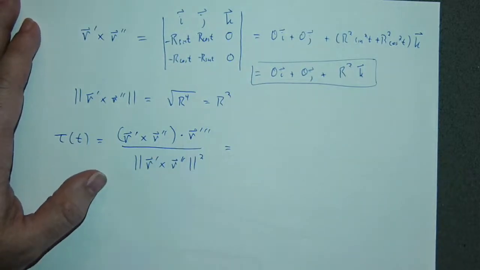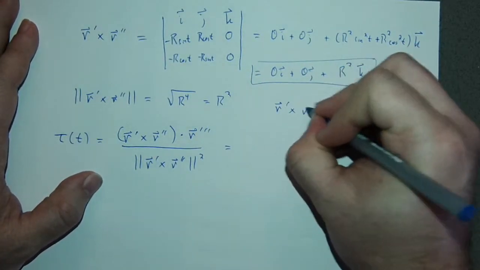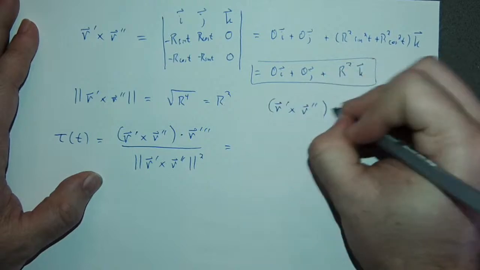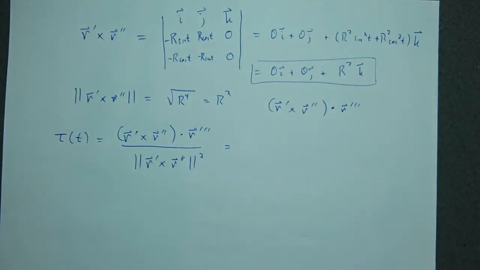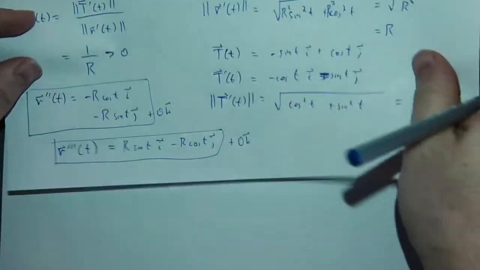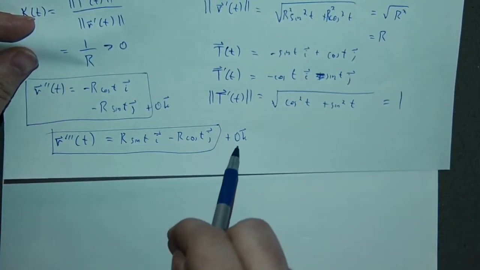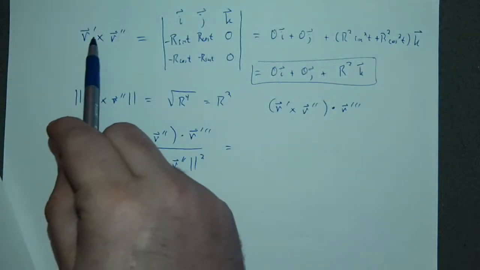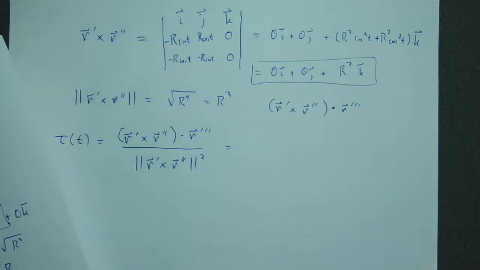But when I dot these two, what do I get? So r prime cross r double prime dotted with r triple prime. Let's bring r triple prime back onto screen. R triple prime is r sine t i minus r cosine t j plus 0k. But r prime cross r double prime is 0, 0, r squared.